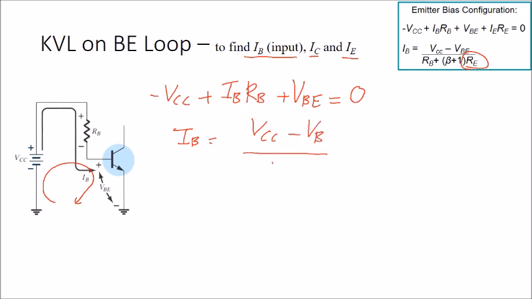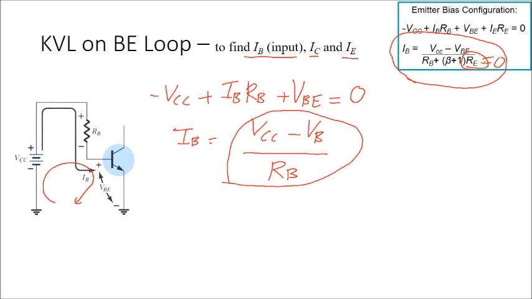If you look at the emitter bias configurations and substitute RE equal to 0, we get the same equation as this one. That's why I recommend you to start with the emitter bias instead of fixed bias.